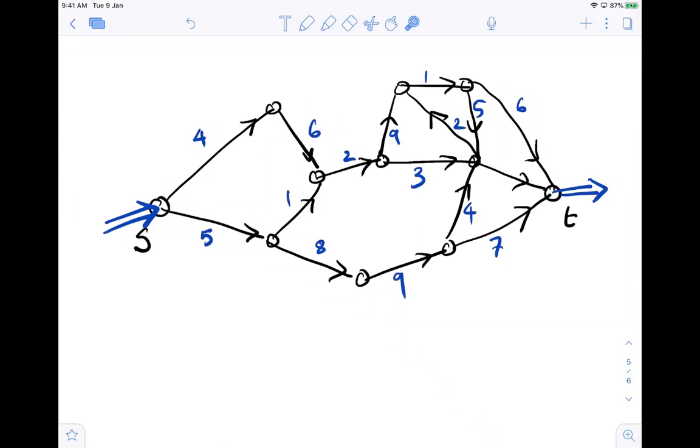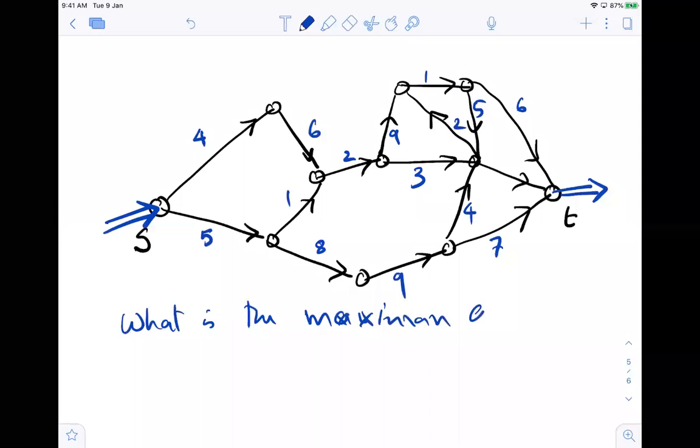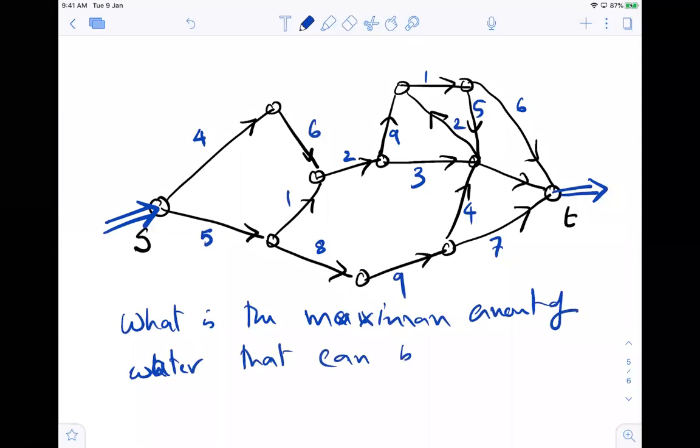Now your job is to pass water. You have to create a flow. The question is: what is the maximum amount of water that can be sent from S to T?